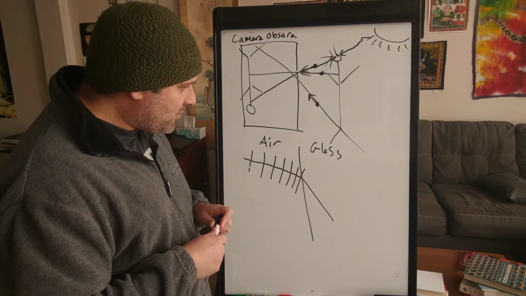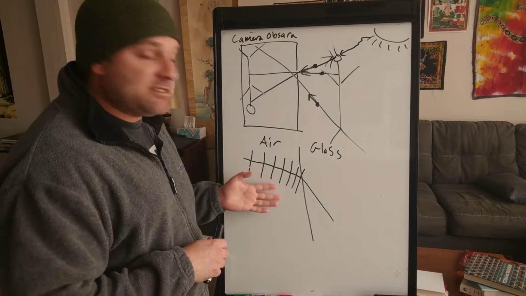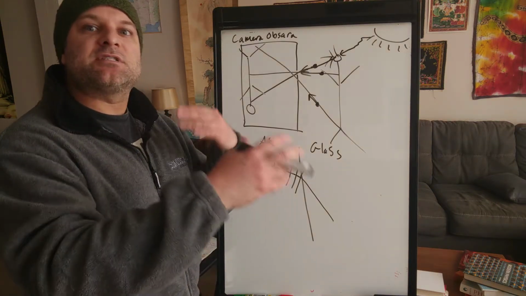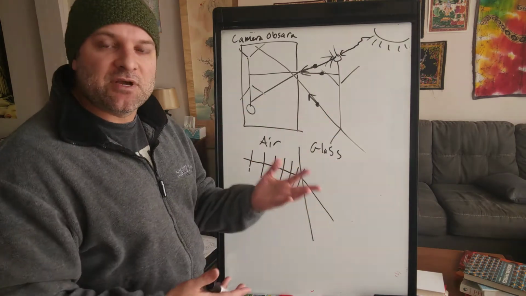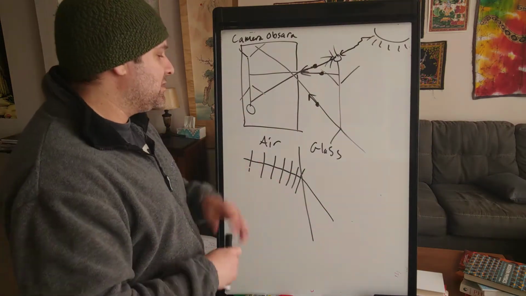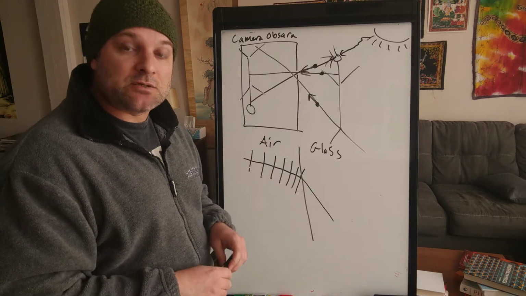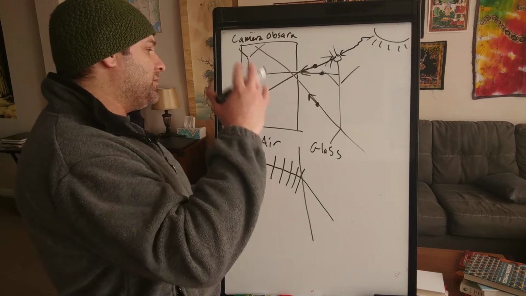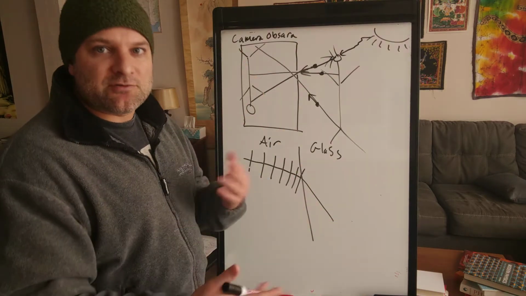Okay. So this idea of refraction was evidence for the wave theory of light. The light was made up of a wave of something that traveled through air or space or different transparent materials. So this debate between particle and wave went on for a long time.